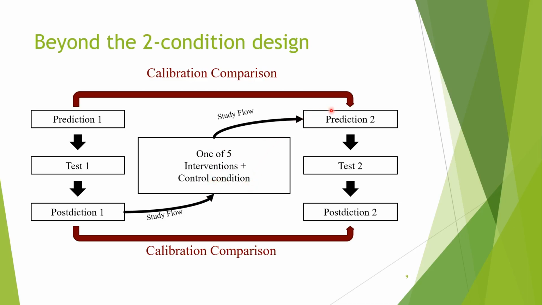Then they made a prediction, took a second test, and made a postdiction. The way we analyzed these data was to compare predictions to predictions for the first test and the second test, as well as postdiction to postdiction. So compare how well I think I did on the first test versus how well I think I did on the second test. In both cases, we were checking the accuracy of those predictions. That's what we call calibration.